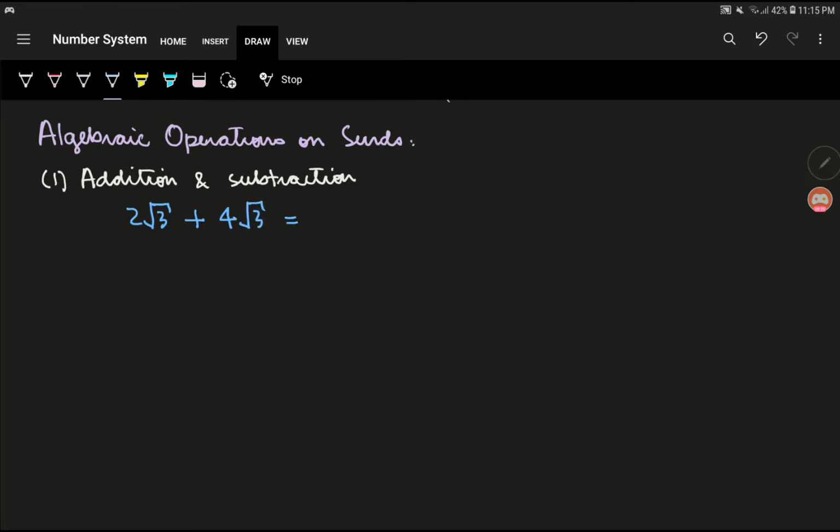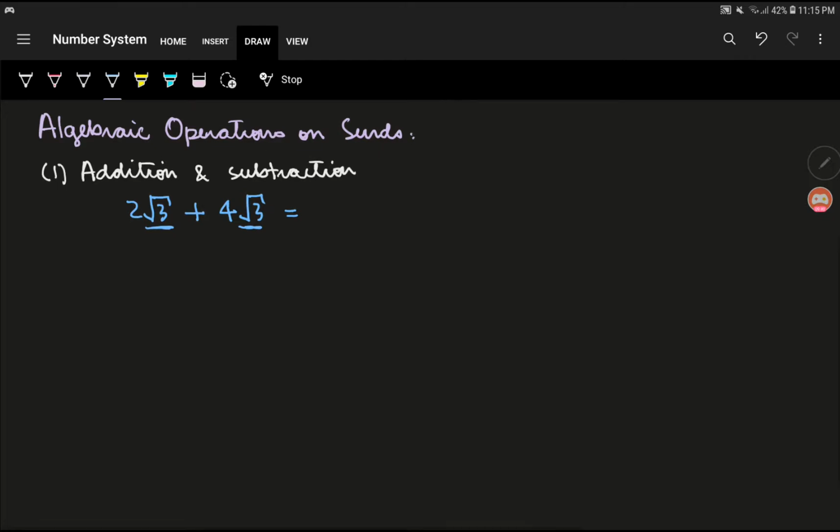Surds of the same kind are terms that have the same factor in terms of surd, that is surd 3 and surd 3. So when we have the same kind of surd, we can combine them using addition or subtraction. For example, here with addition, we can combine it as 2 plus 4 times surd 3, and then we have 6 surd 3.